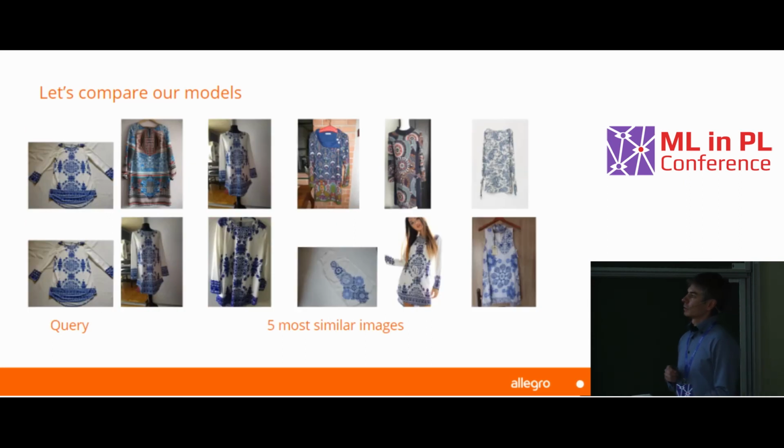And for the image of the dress in Chinese porcelain pattern, we actually have 3 exact matches and 2 dresses with quite a similar pattern, but again with a different cut. So as you see, we have some problem with coherence of attributes here.